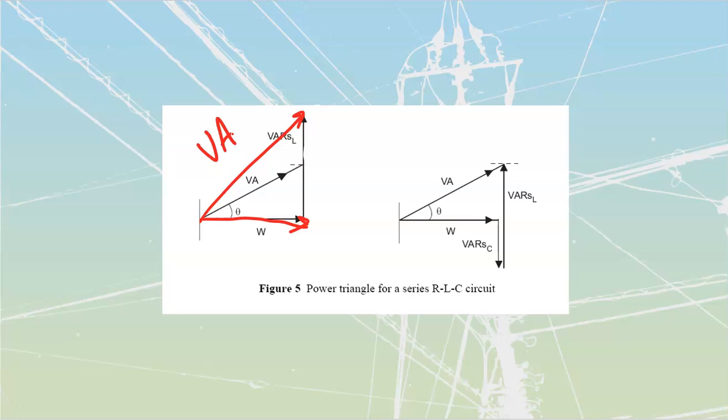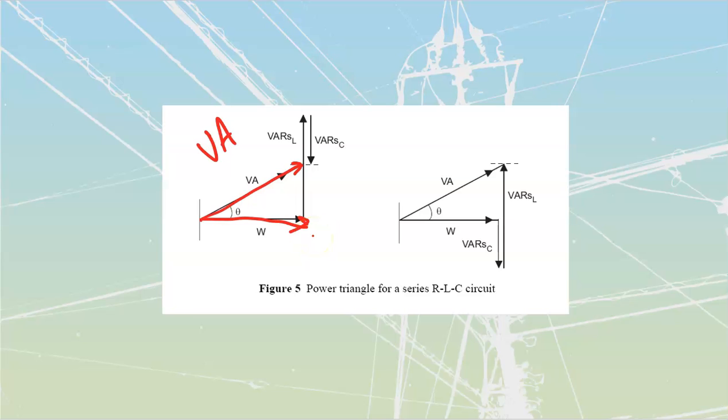But as soon as I have this VARs C inside of here, it drops my VA to a more manageable level. The hypotenuse gets shorter because this side of the triangle has gotten shorter as well, and I'll be able to develop a power factor off of that. You'll note that as we have more balanced VARs L and VARs C, we are going to get to a better and better power factor. We're always looking for that power factor that's getting close to unity, or 100%.